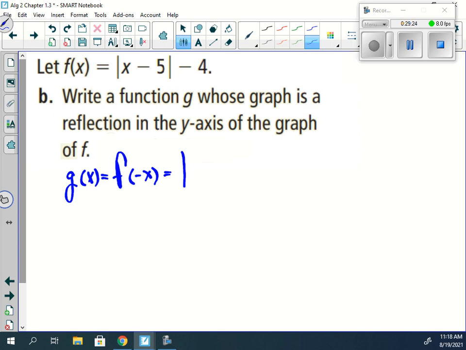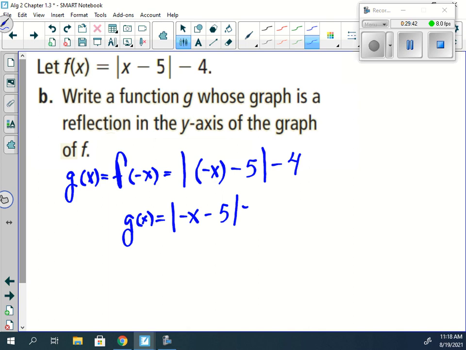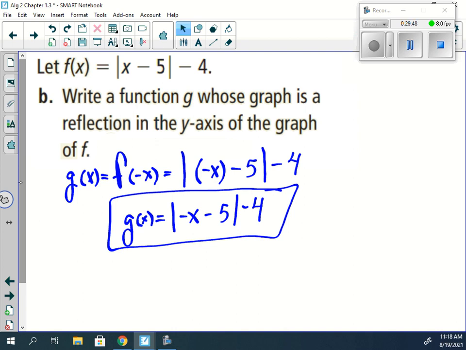So that means we'd have absolute value of negative x minus 5, minus 4. We can drop the parentheses and have our function. And that's it. Questions on this here?